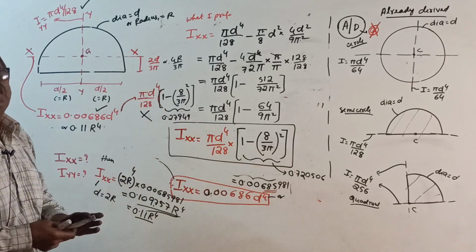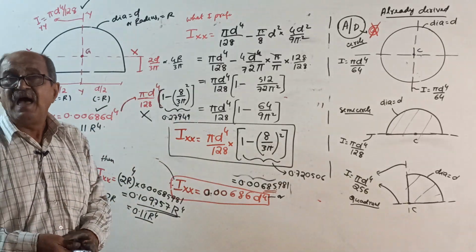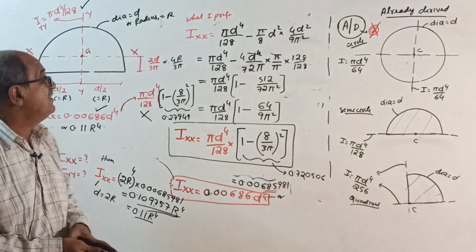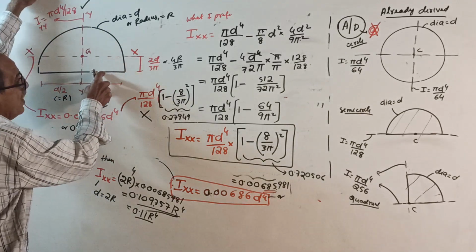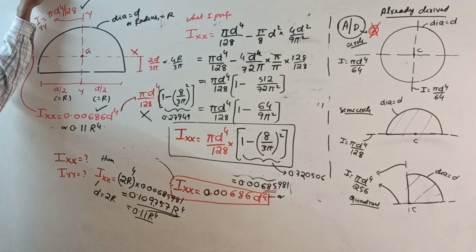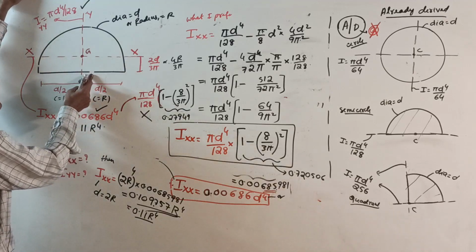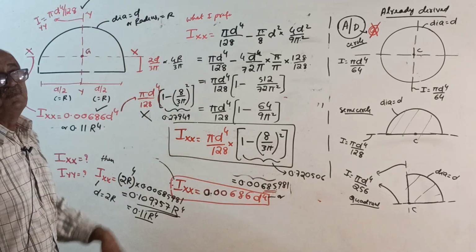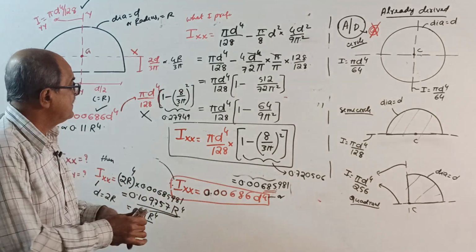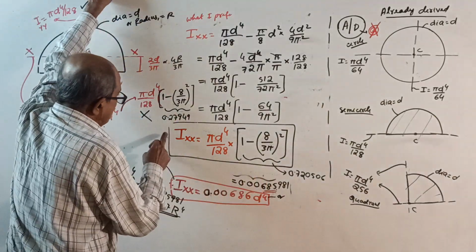When the axis is a centroidal axis and it shifts away from the centroid, moment of inertia increases by Ig plus A h square. When the axis from outside comes to the centroid, moment of inertia decreases. By how much?